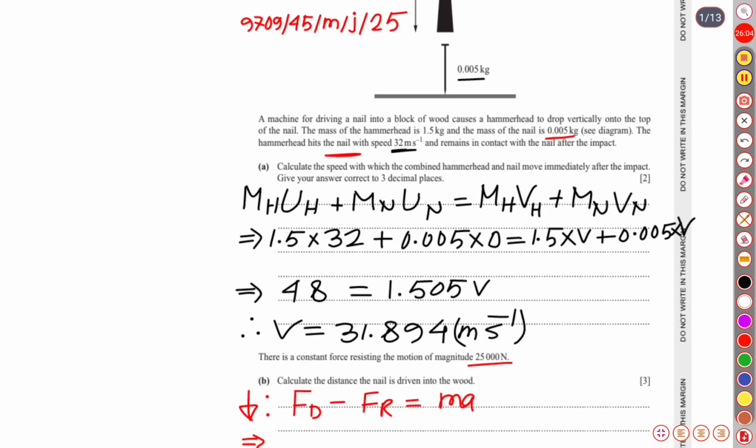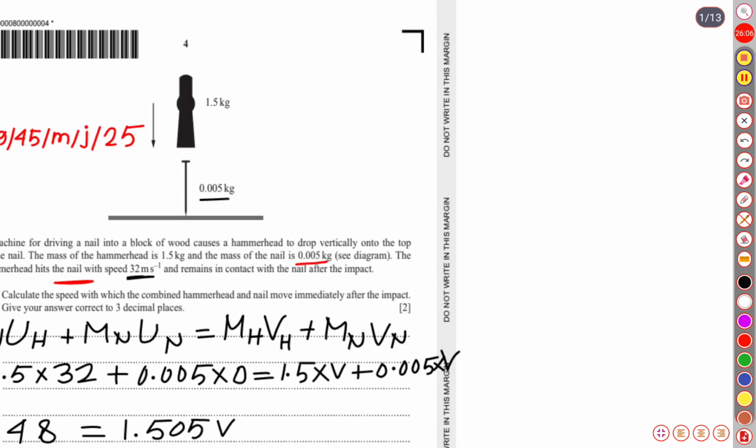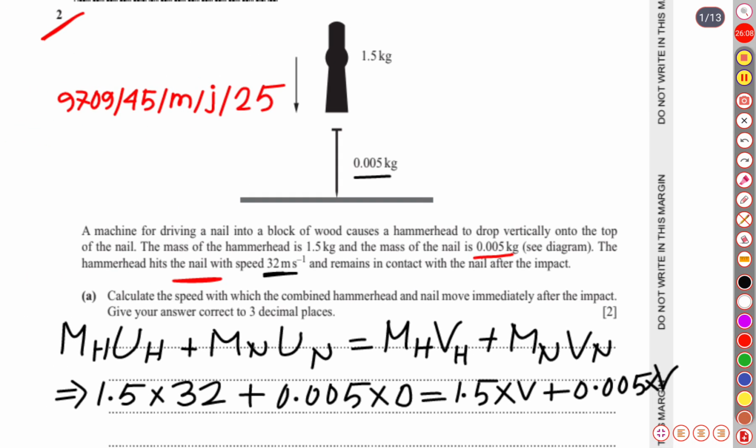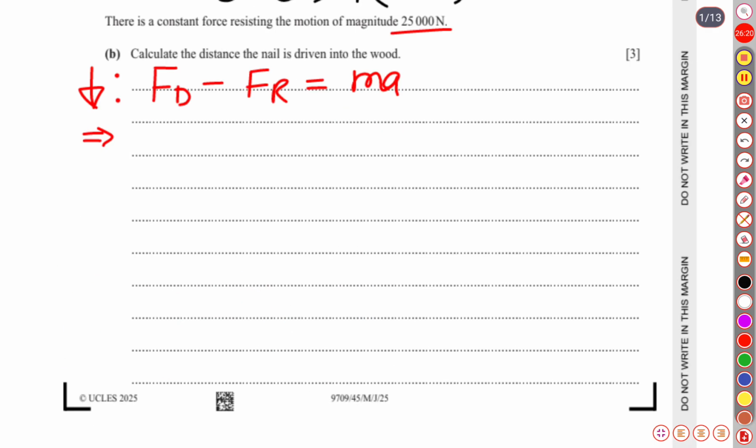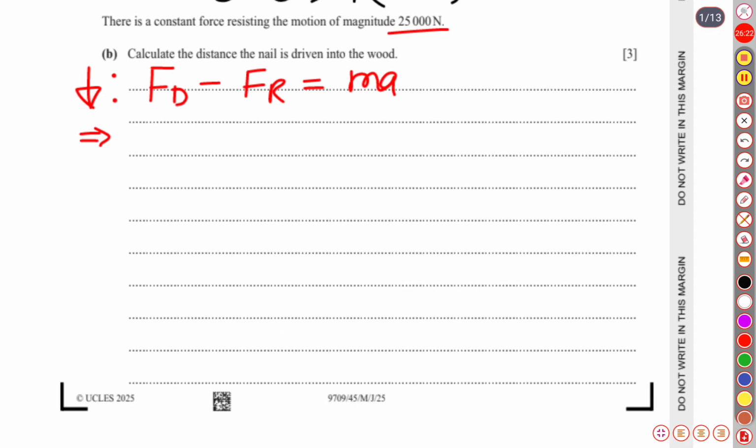The hammerhead is hitting the nail vertically downward. There are no other forces acting on the hammerhead except the weight. So we will have to write mg, driving force is mg sine 90 degree.